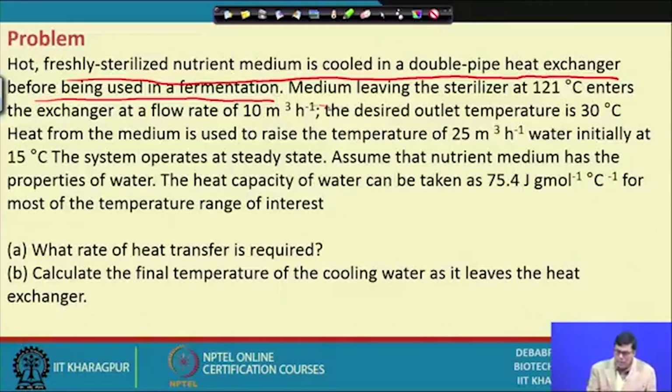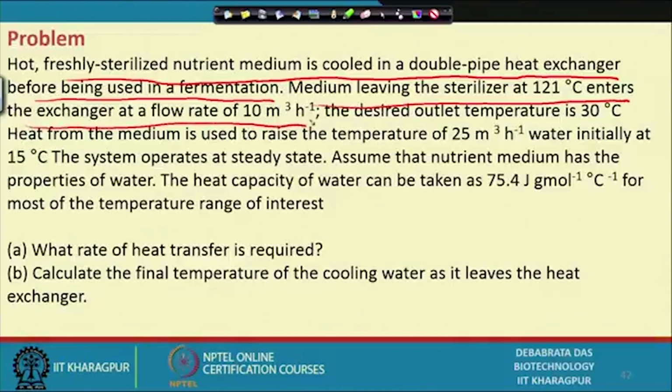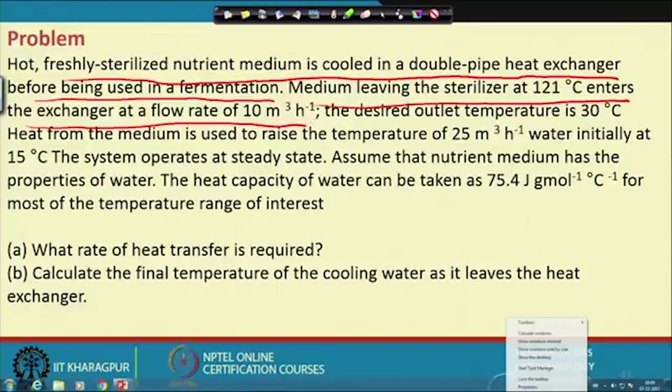Media leaving the sterilizer at 121 degree centigrade, we know the usual sterilization temperature, and the flow rate is 10 cubic meter per hour.